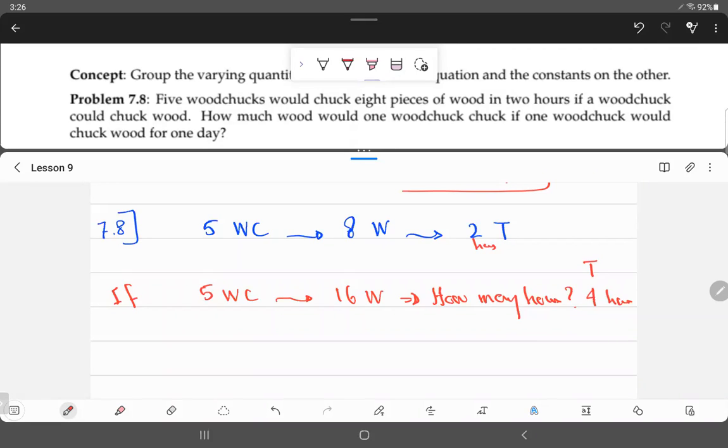Let's study another relation. So now, if I fix the number of woodchucks and double the wood, we've seen the relationship with the time. That's perfect. Now, let's double the woodchucks.